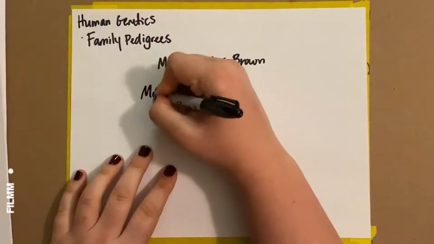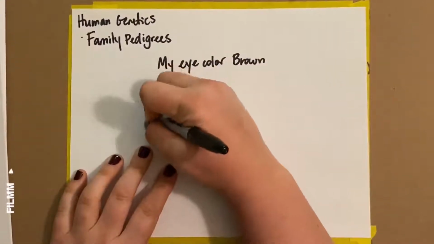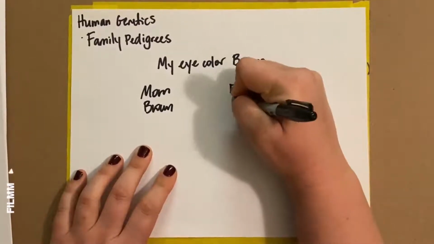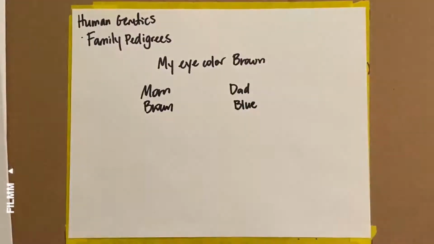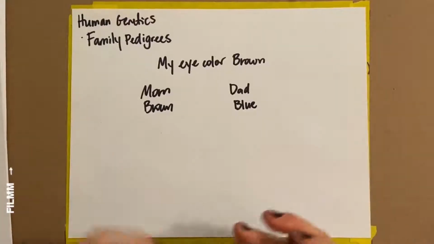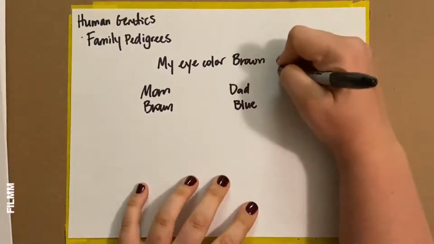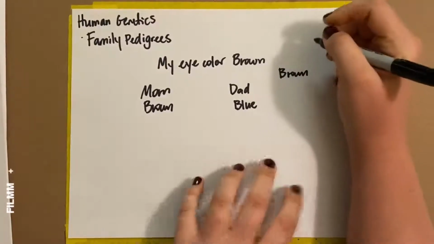Now, my mom has brown eyes. My dad has blue eyes. And in eye color, brown is dominant to blue.